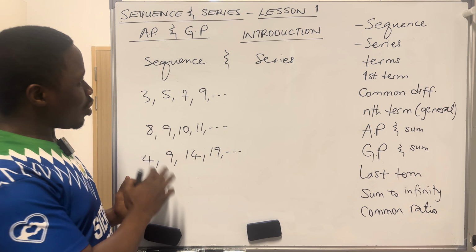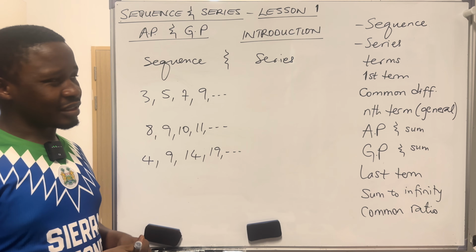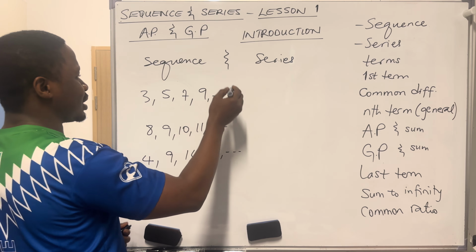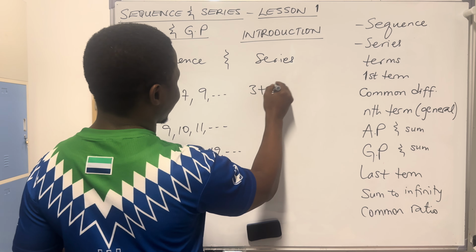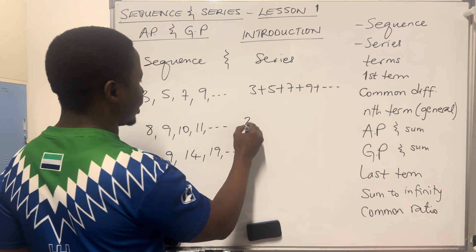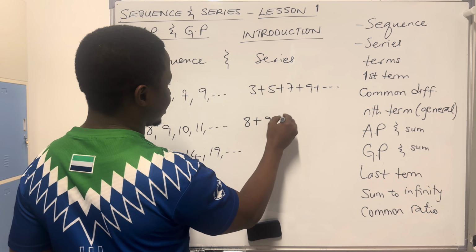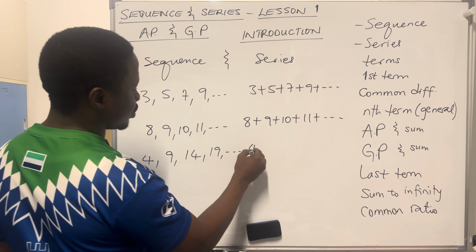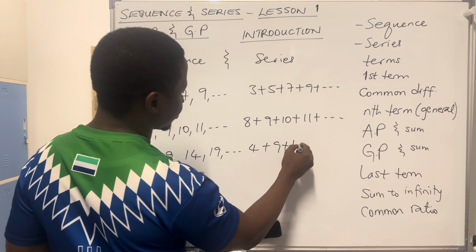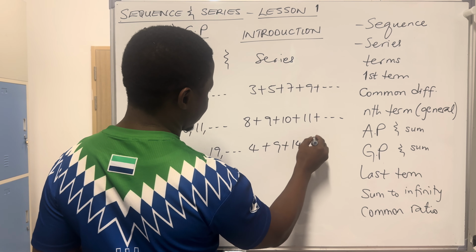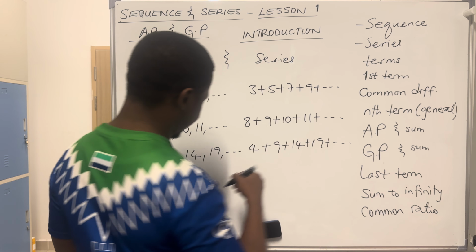So when the numbers that are listed are added, we have what we call series. 3 plus 5 plus 7 plus 9. 8, 9, 10, 11. 4, 9, 14, 19.